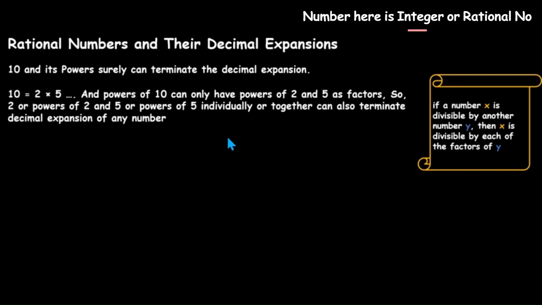So if 10 or its powers are in the denominator, then we can straight away say that the decimal expansion is terminating. But many a time the denominator may not be directly 10 or its powers. It could be in some combination of powers of 2 and powers of 5. So let's see some of these forms now.